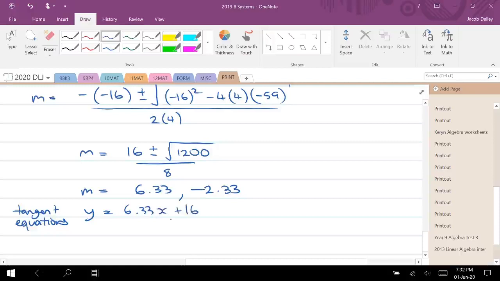I'm basically just replacing the m in our equation 6 with our 2 gradients. So y equals 6.33x plus 16 and y equals negative 2.33x plus 16.